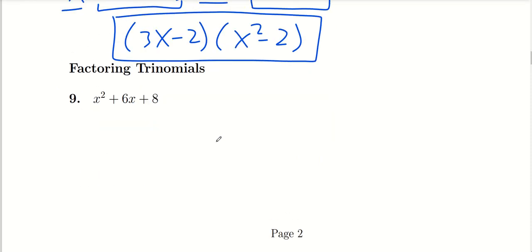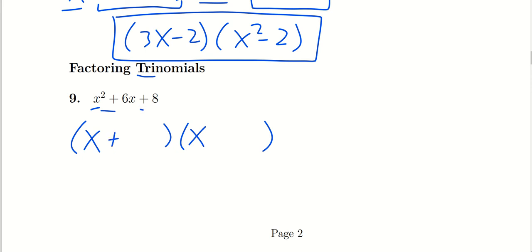Okay. The next step we come to is trinomial. So tri meaning 3. This is when we have a 3-termed expression. In order to factor this one, the first factor has to be something that multiplies to give us x squared. That's going to be x and x. Notice that if both of these signs are positive, then both of these signs have to be positive.